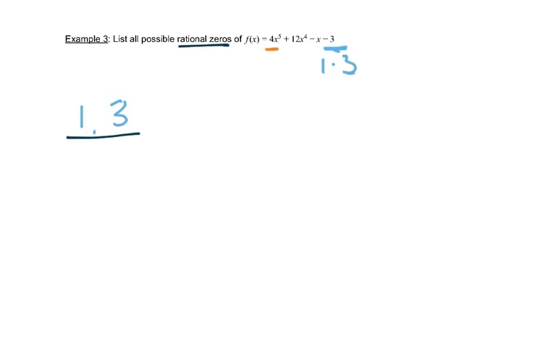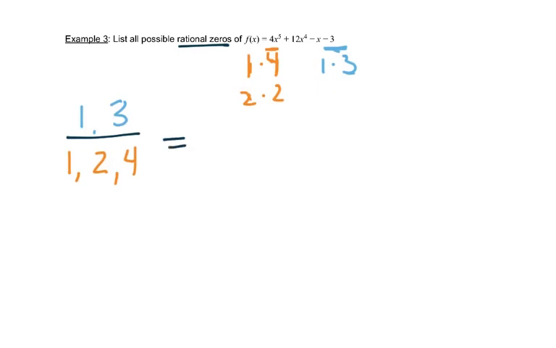Then we look at the number that's in front, and that's 4. So we look at the different possibilities for 4. So that could be 1 times 4 and 2 times 2. So in the bottom of our fraction, we'll list 1, 2, and 4. We don't need to list a number more than once, even if it appears more than once.